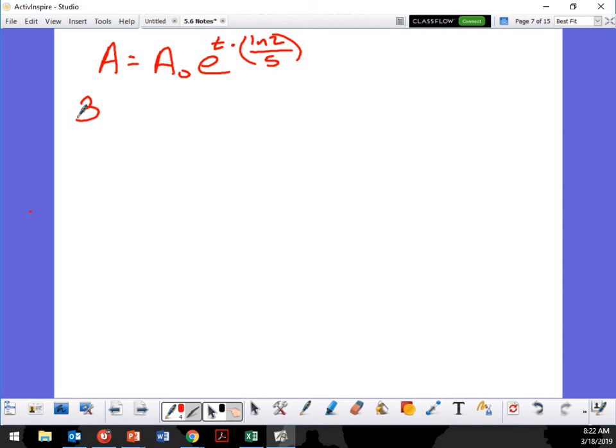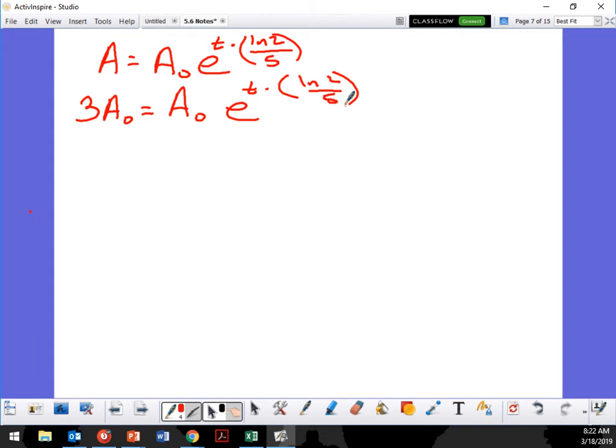So 3 A sub naught is equal to A sub naught e to the t times ln 2 over 5. And I'm trying to solve for t, because it's asking at what time this will triple.